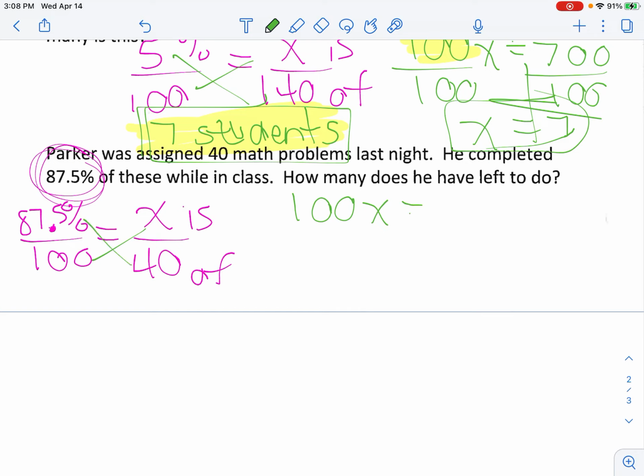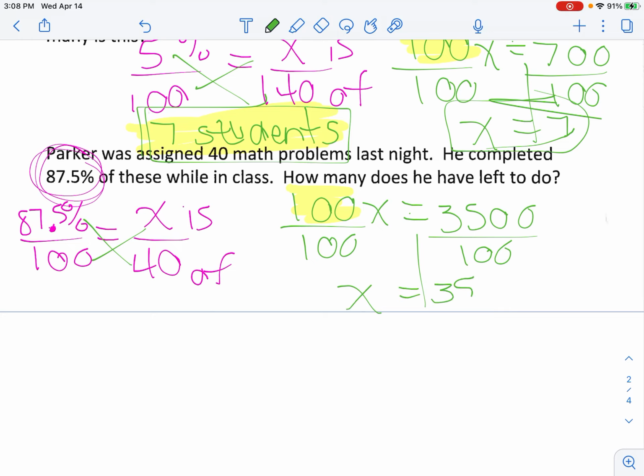So I'm going to my calculator and it says 3,500. Identify your coefficient. Divide both sides by 100. X equals 35.